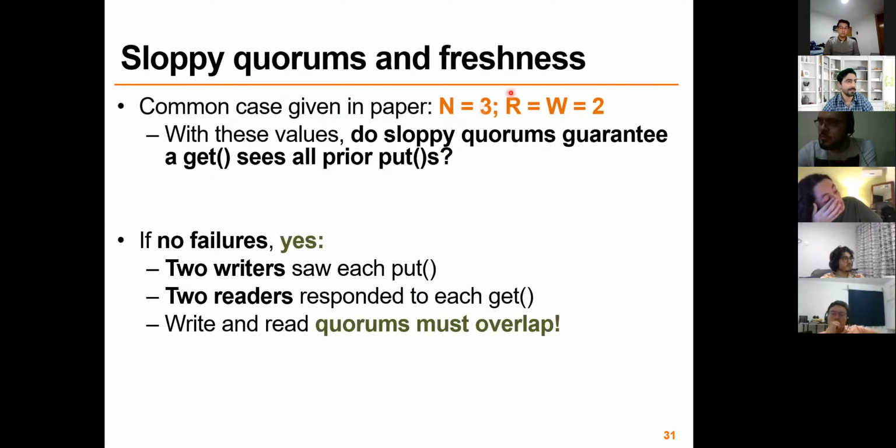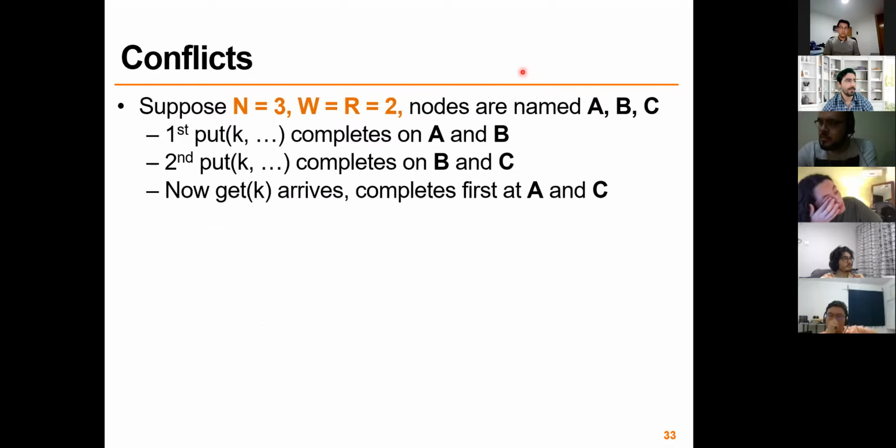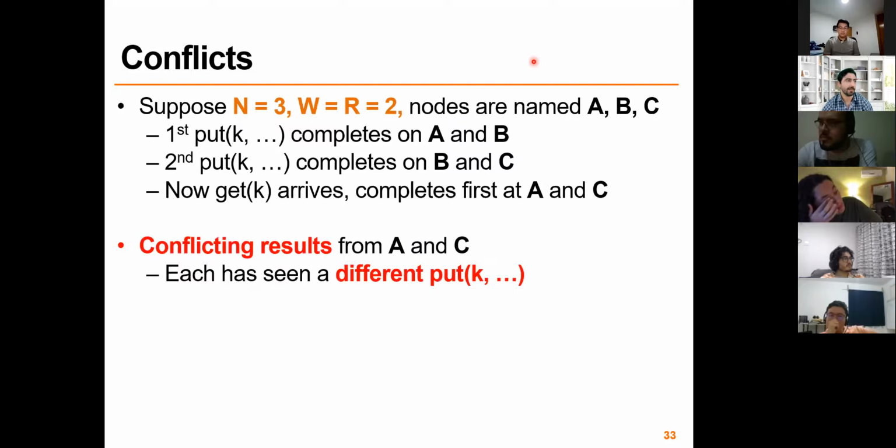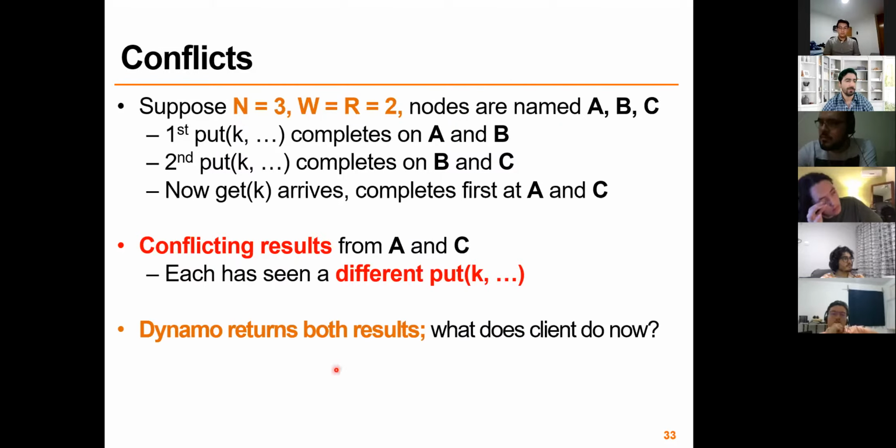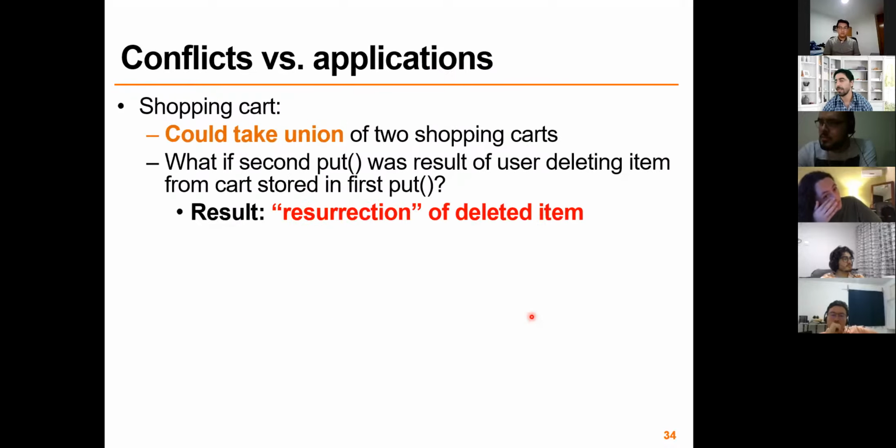Let's see, nothing here. So they talked about conflict resolution, okay? As I mentioned, in some cases Dynamo tries to do automatic resolution of the conflict using vector clocks or version vectors, which is almost the same concept as vector clocks.